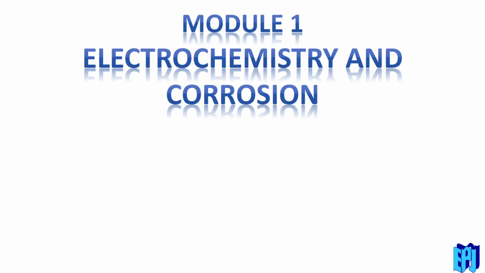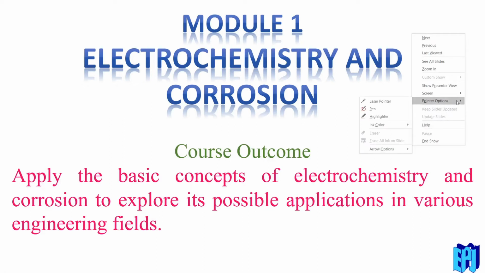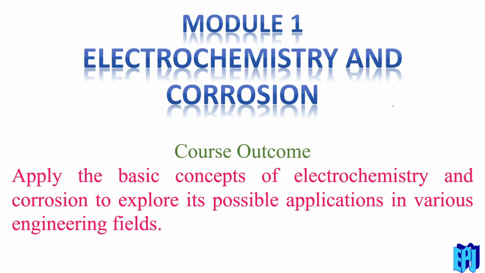If you read the course outcome, it depicts like this. The main outcome which we expect from you all is to apply the basic concepts of electrochemistry and corrosion to explore their possible applications in various engineering fields.